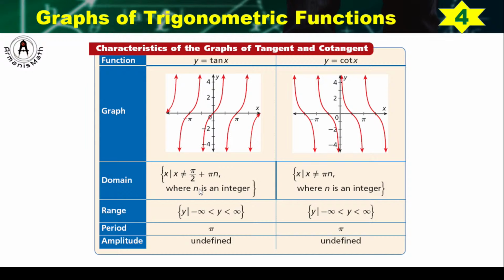So in this graph, for example, let me ask you a question. What is cosine 90? Can somebody tell me what's cosine 90?